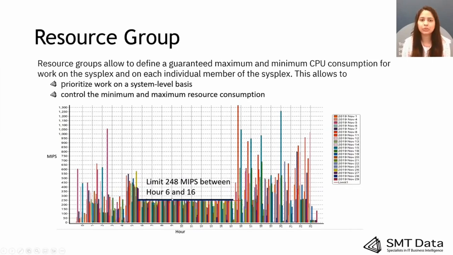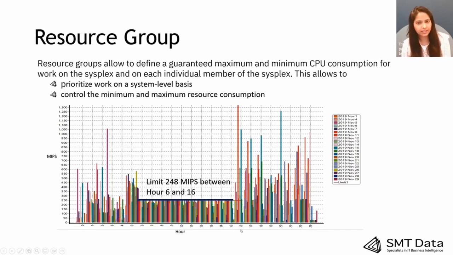That is called a resource group. That's the beauty of the resource group. If you really want to control your batch, if you feel the batch shouldn't run so much during online time, you can use a resource group. This customer is using a resource group between 6 and 16, and they decided to keep only 248 MIPS as the limit.